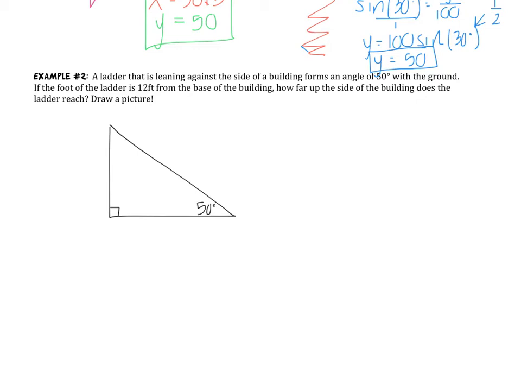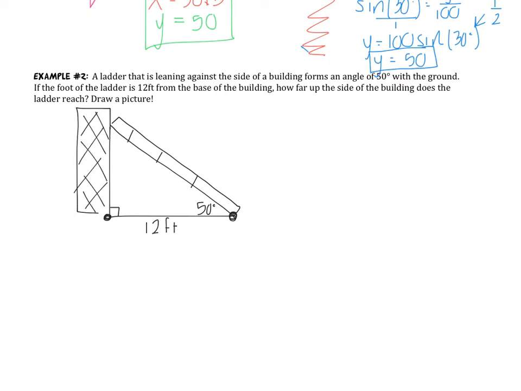If the foot of the ladder is 12 feet from the base, so I'm going to show it like this, is my ladder up against a building. That should hopefully make more sense. If the foot of the ladder, so right here, is 12 feet from the base of the building, because here's my building, however you want, maybe put some windows on it.